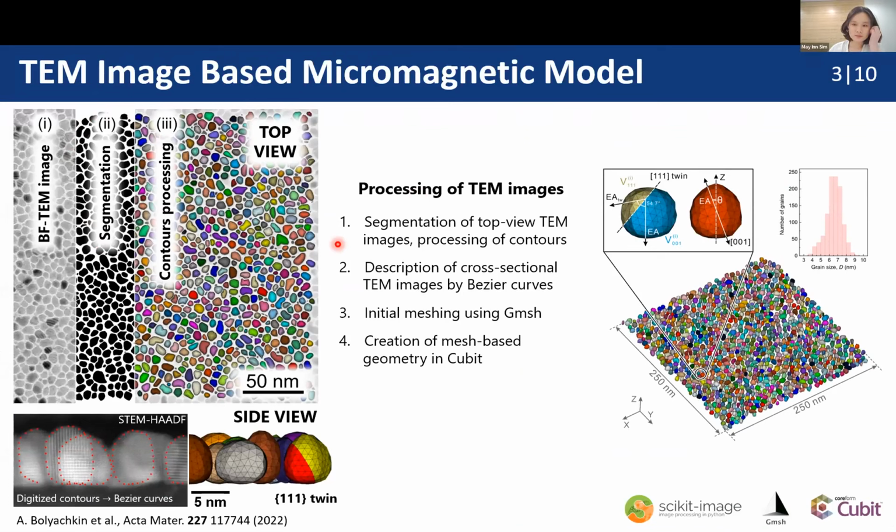So we tried to reproduce exactly the microstructure of iron platinum granular films. That is why it is better if we would like to use some similar films. First of all, it is better to improve the microstructural model and create a new data set and to train the neural network on this new data set.